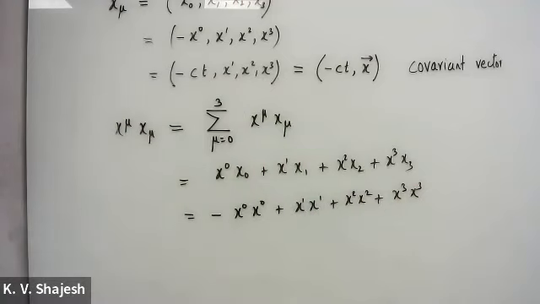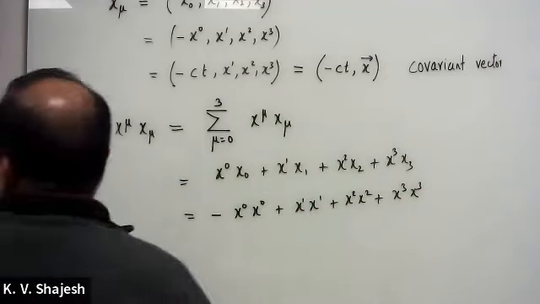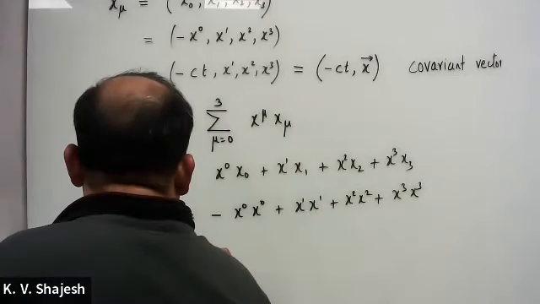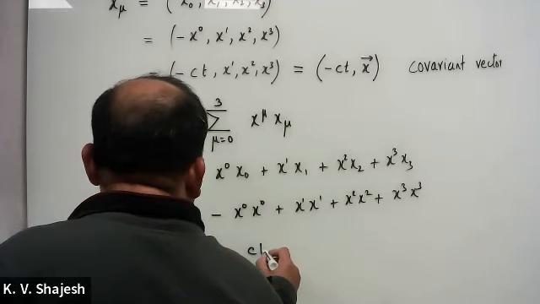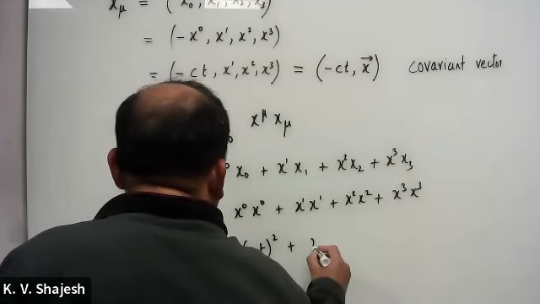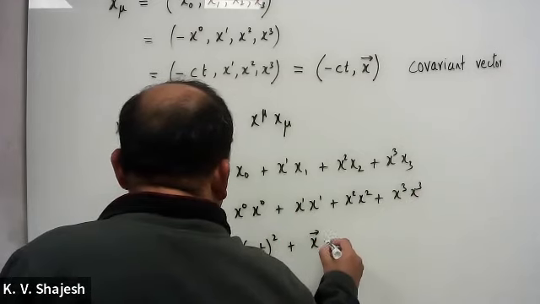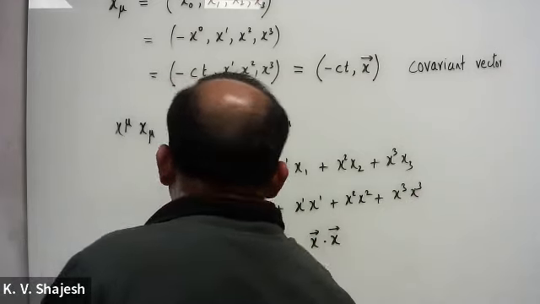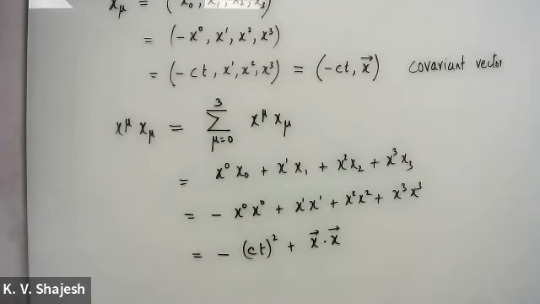X0 in the contravariant component is just ct, so that is equal to minus c squared t squared plus this, which is nothing but x dotted with x.